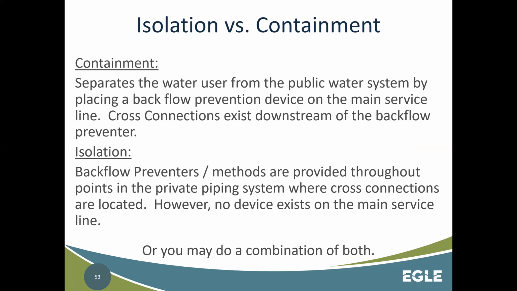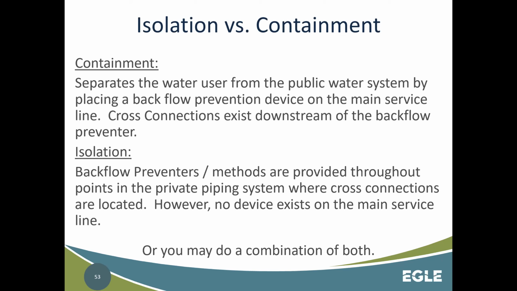So isolation versus containment. There are 2 different scenarios that we as cross-connection people should be looking for and recommending to our industry customers, commercial customers, large buildings, or even hospitals and stuff like that. So there's containment, which is exactly what it sounds like. On the water line coming into a building or an industry or wherever, you put a cross connection device or assembly on that, right?